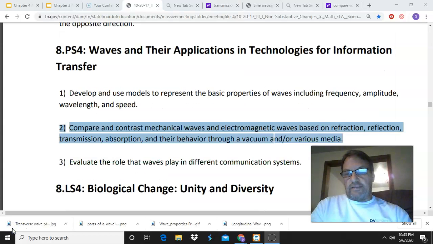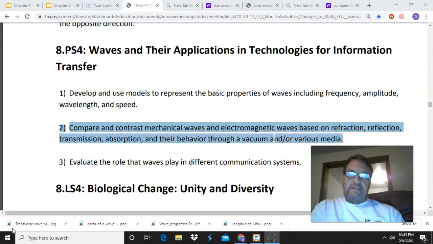Okay, so let's look back at the standard one more time. We wanted to compare and contrast, or to see how they are alike or different, the mechanical waves and the electromagnetic waves based on refraction, reflection, transmission, absorption, and their behavior through a vacuum and or various media. And quite frankly, the biggest difference or the biggest contrast is that electromagnetic waves can travel through a vacuum.